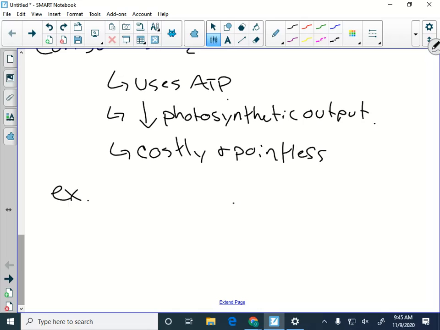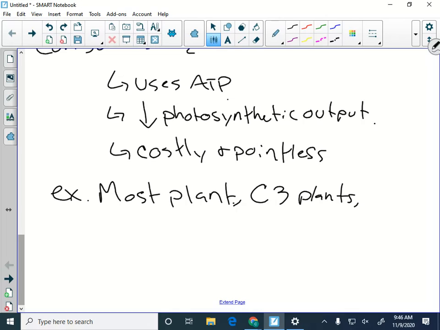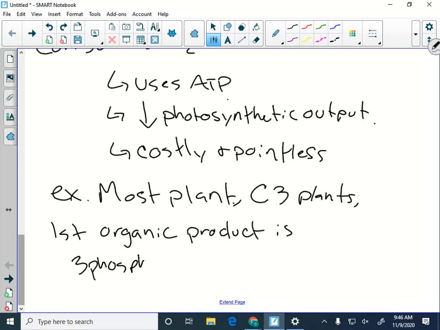So most plants, or plants that we call C3 plants, their first organic product is 3-phosphoglycerate. 3-phosphoglycerate is a 3-carbon sugar, hence C3.